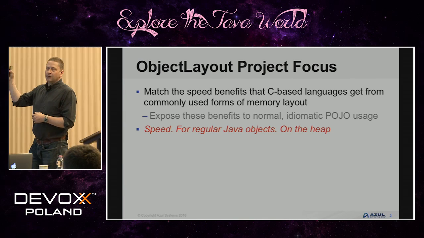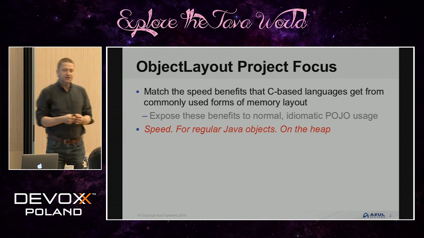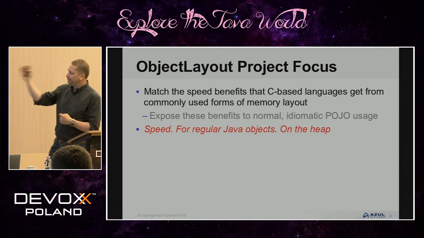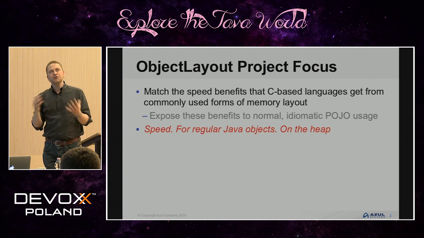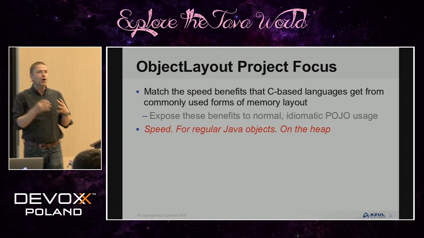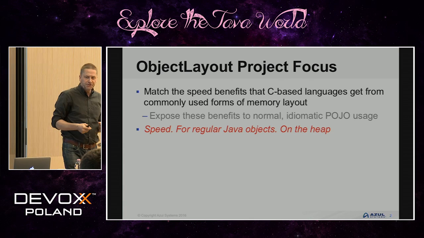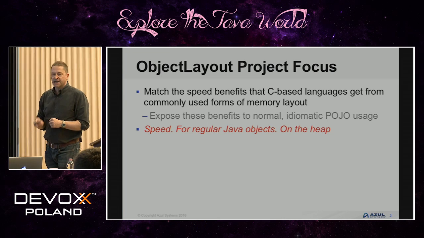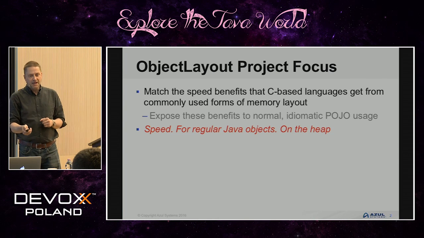And the key things here, and I'm going to say this several times during the presentation, is it is about speed, it is about regular Java objects, so we don't want to do anything different in terms of Java objects, and it's about being on the heap. So these are the three key things. Speed for regular Java objects on the heap.